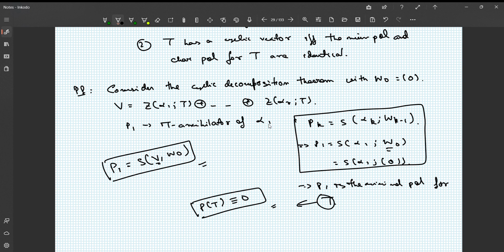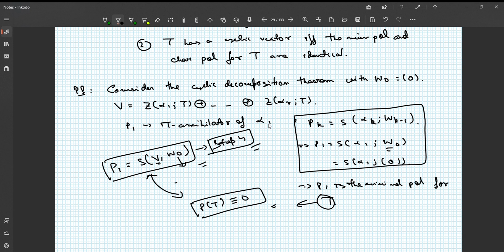So if P1 is the T conductor of V into W naught, where W naught is 0, that means P1 sends every vector to 0 under the linear operator T, and that is quite the definition of the minimal polynomial, right? This statement was from step 4.